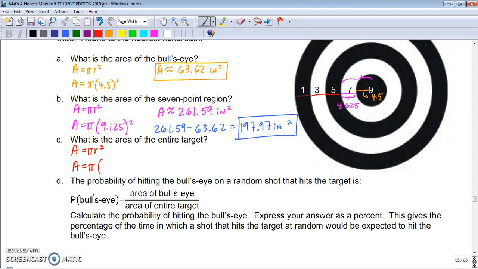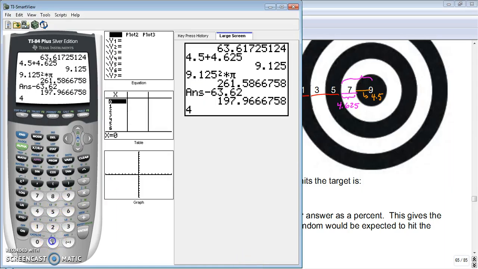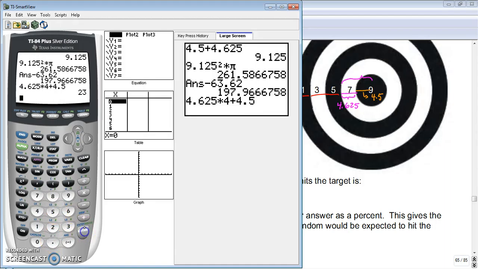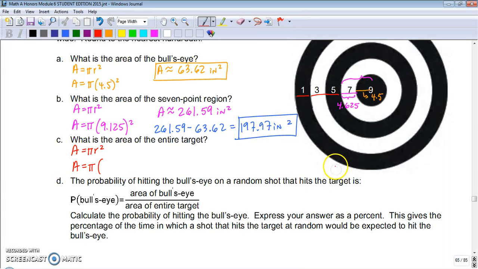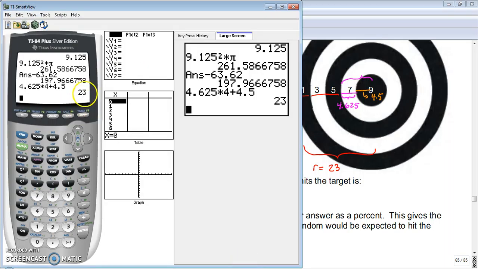And so we need to figure out what is 4.625 times the 4 rings plus the bullseye. And that gives us that the radius for the whole target is 23.